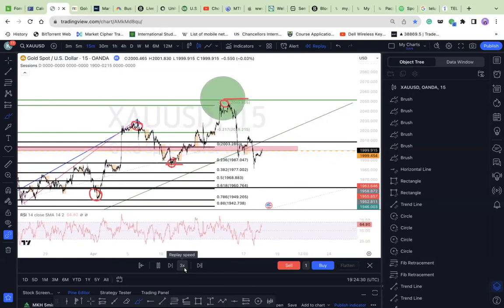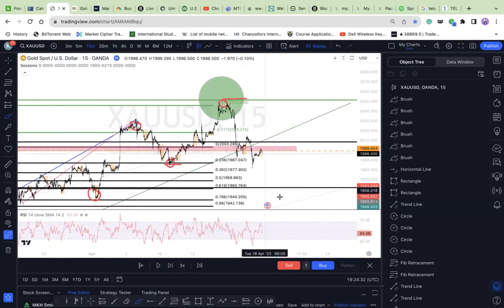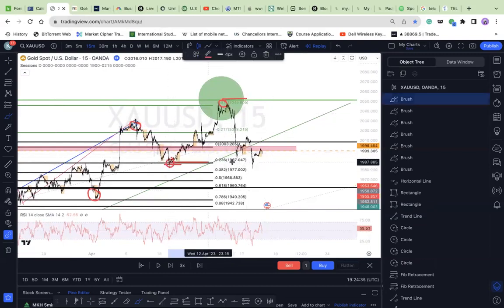One thing we would notice is price wasn't able to break below this low. You understand? So since price isn't able to break below this low, we expect that the uptrend is still valid.